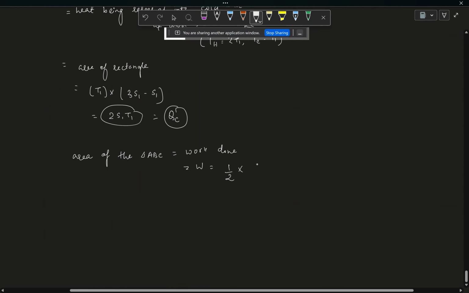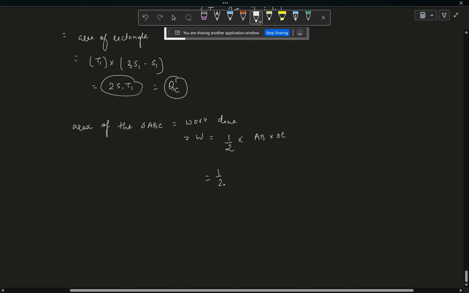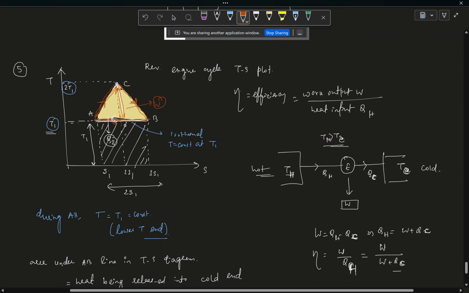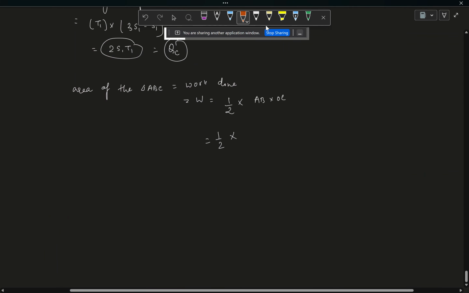So half into AB into the height OC, and AB is basically again 2S1, because S1 to 3S1 is 2S1, and the height here is T1 to 2T1, right? So this is the difference, this is the height part.